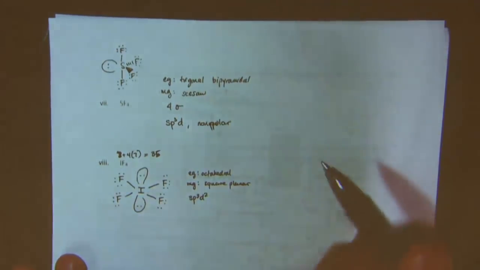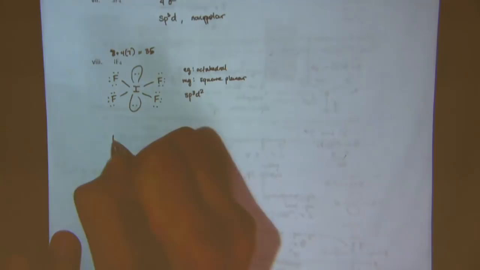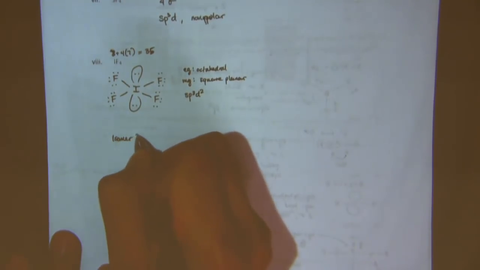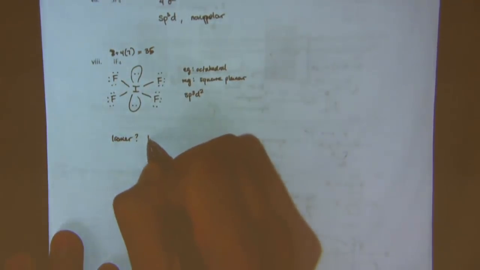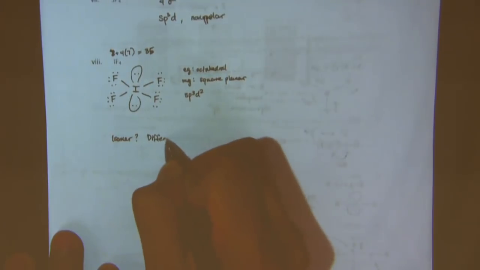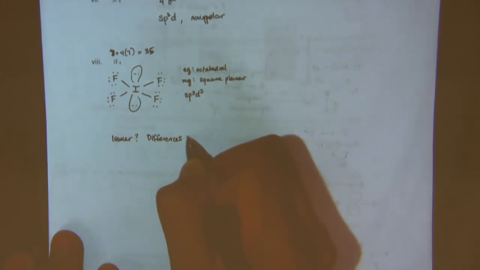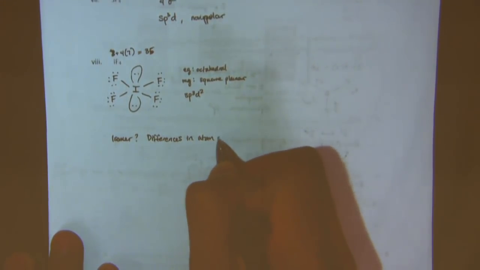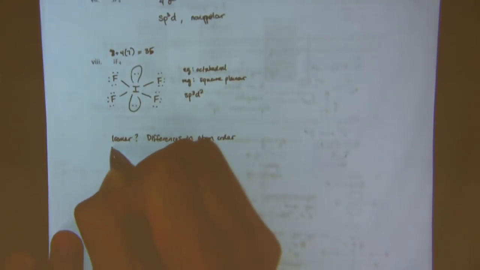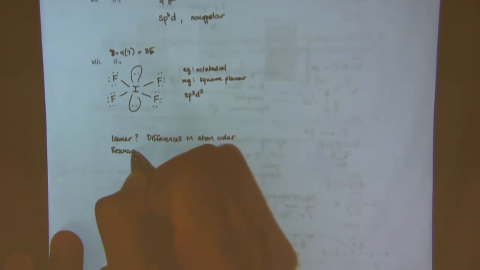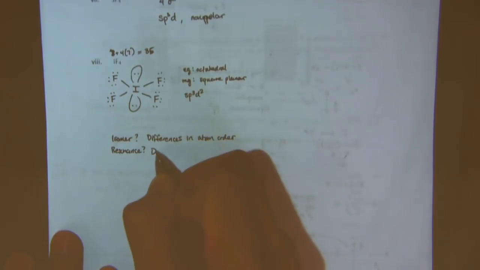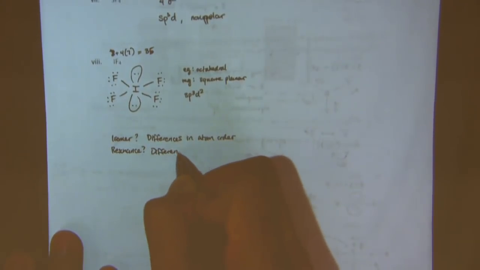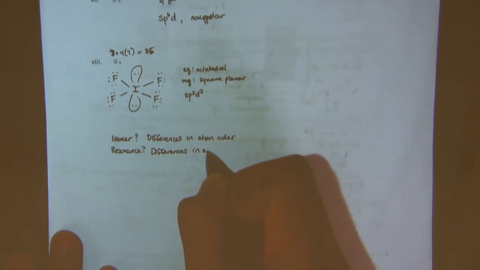Okay. So some things to note are that isomers are just when they have differences in atom order. And when we have resonance, that's differences in electron grouping.